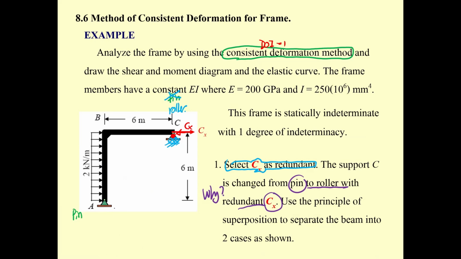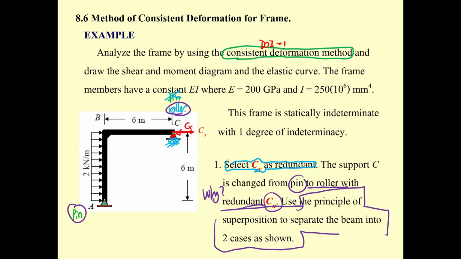When you take this one to be the pin and this one to be the roller, your structure is going to be statically determinate. However, you have one more unknown, C sub X.